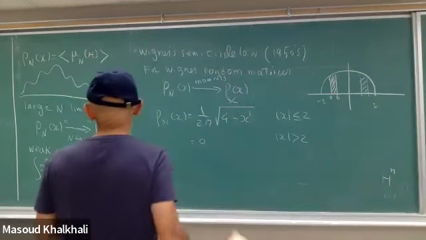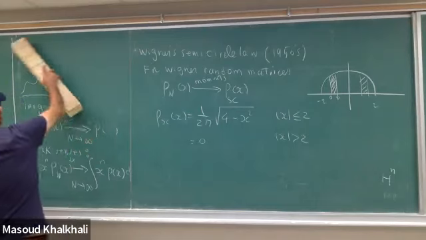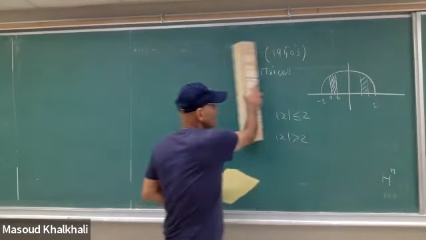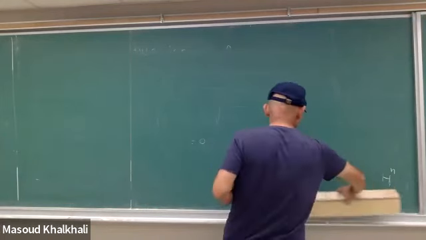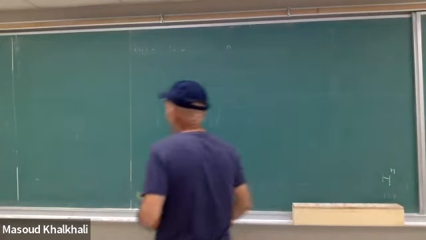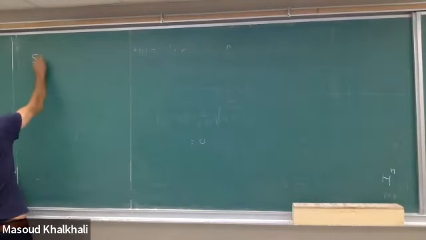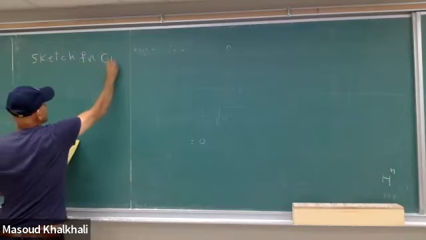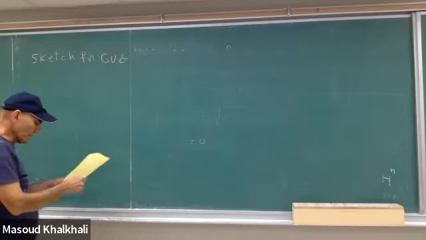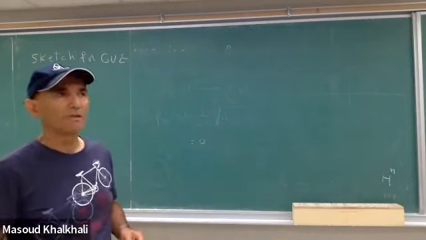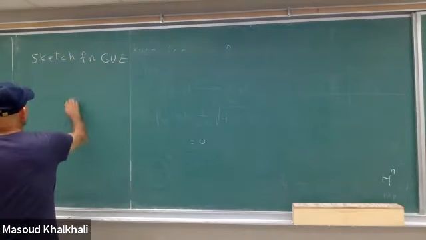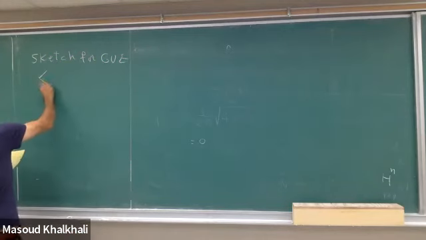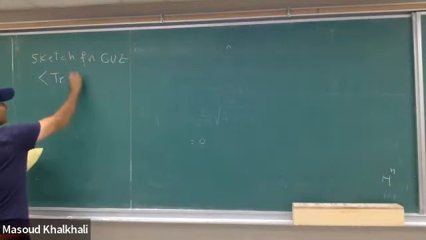Okay, cool. Great. So let me now sketch a proof in the case of GUE. One of the most interesting things about this is we want to know the expectation values of traces of H^n.